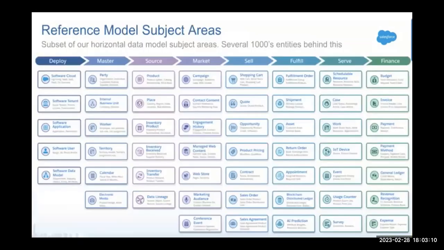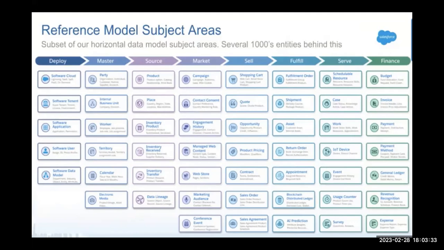If you look at the different data model subject areas inside your day-to-day Data Cloud, looking at the sources, market, sell, fulfill, service, and financial perspectives, when you start from deployment from different software applications or software users, there is master data and source data sitting there.